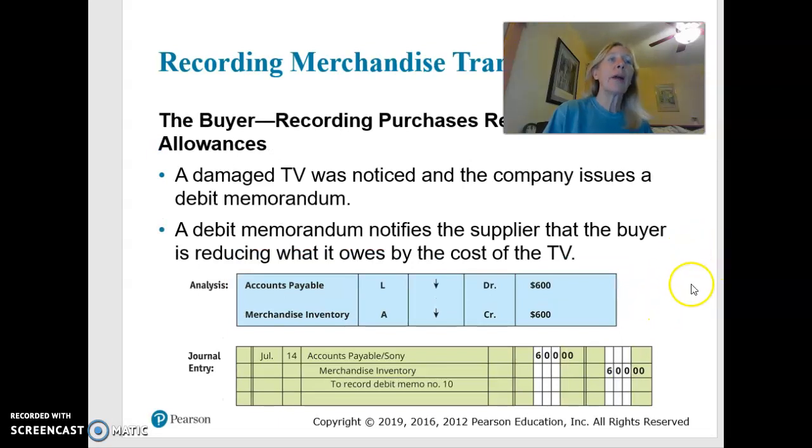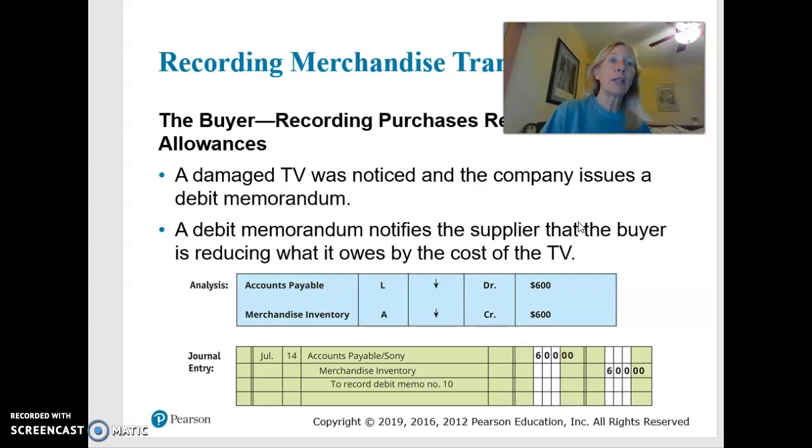Okay, so now if we go ahead and sell our inventory, we have to, this is when we have a return. So I went through this already, but I'm just reiterating. So a damaged TV was noticed, and the company issues a debit memorandum. Remember, it's called a debit memorandum because your accounts payable is debited, because you give the TV back to Sony.